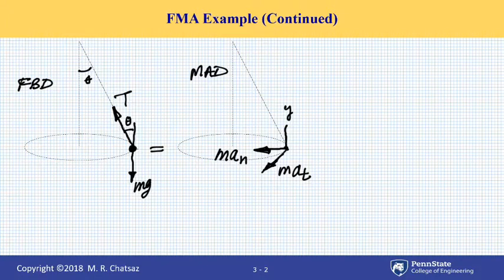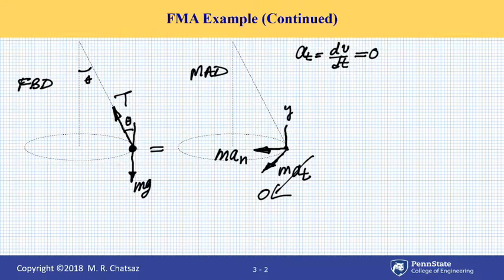Since it is stated that speed is constant, recall a_t is dv/dt, therefore a_t is 0, so this component is 0.